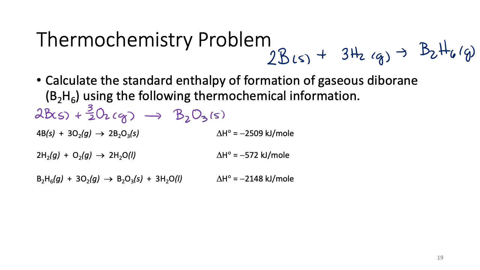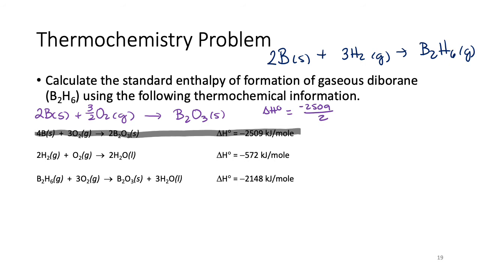I divided by 2, so my delta H is going to be negative 2509 divided by 2. Whatever I do to my equation, I must do to the delta H. Then I look at the second equation, and I'm like, oh, that one looks ugly. Yes, it looks ugly. I need to have 3 hydrogens, but here I only have 2.